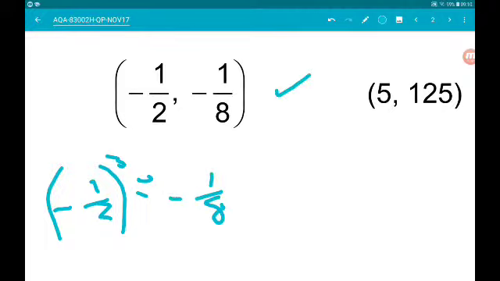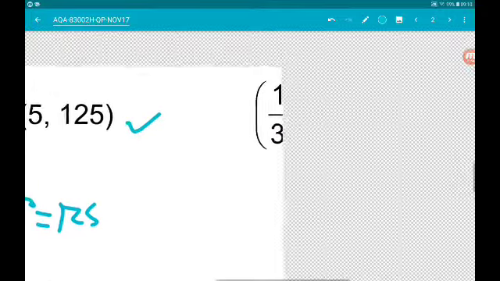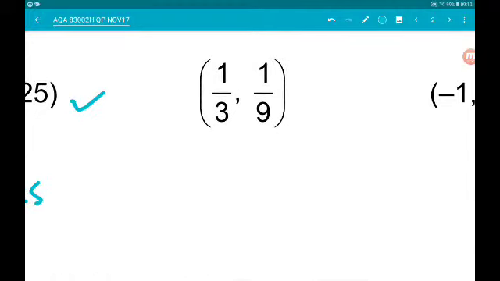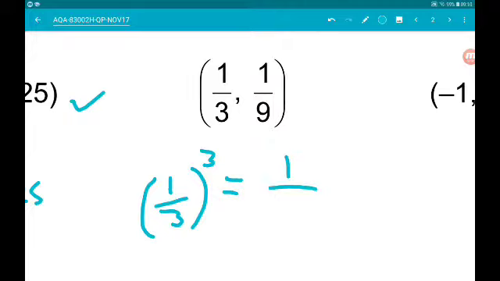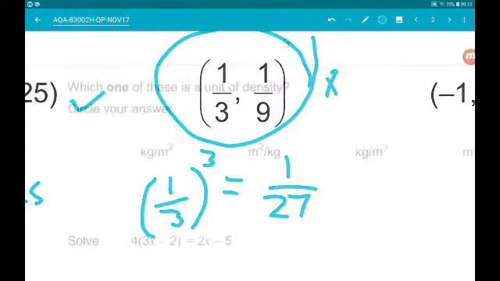So that one does. 5 cubed does give us 125. So that one does. 1/3 cubed will give us 1 over 27. So this one doesn't work. This is the one that does not lie on the curve.